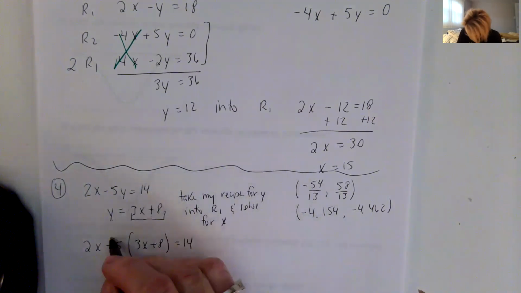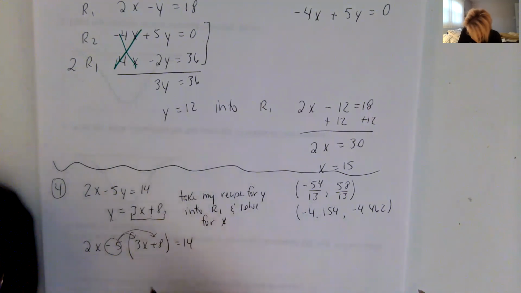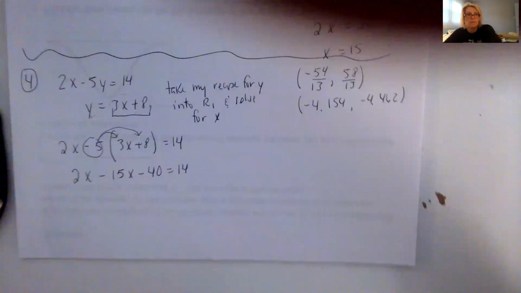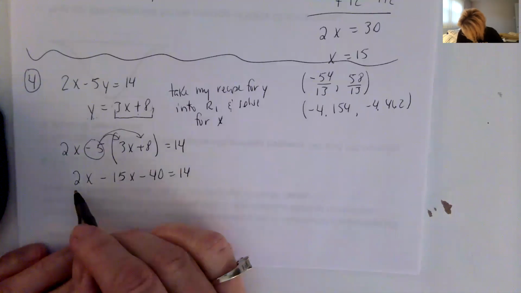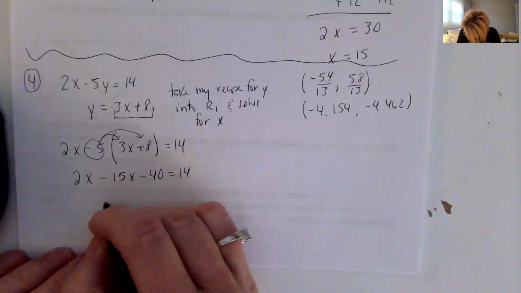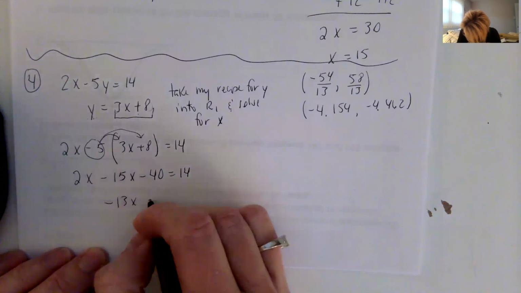So now we have to distribute the -5, all of that -5 to both terms on the inside. So this is 2x minus 15x minus 40 equals 14. When I distribute the -5, it's a multiplication that I'm distributing. Now 2x minus 15x is a -13x.